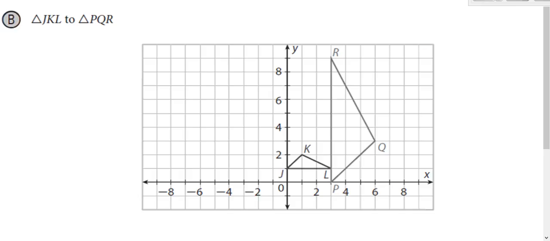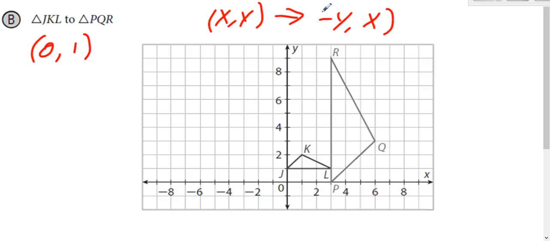So for this one, I think a good start would be 90 degrees counterclockwise rotation. That would take JKL and rotate it 90 degrees around. So instead of being 0, 1, the rule for 90 degrees counterclockwise is negative y comma x.